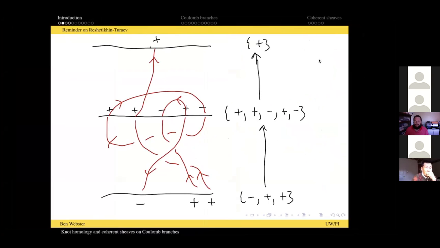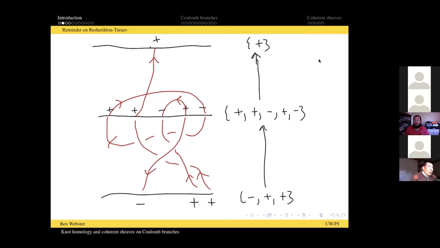Here I have plus, plus, minus, and here I have minus, plus, plus. I just draw one-manifolds going between them, all happening inside a three-dimensional space, so my one-manifolds can cross in a positive way or a negative way.